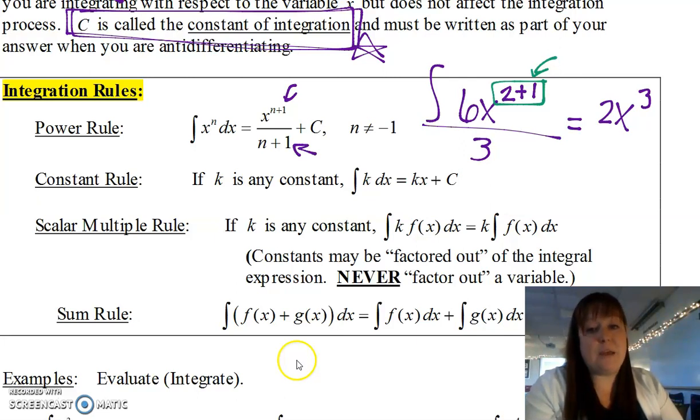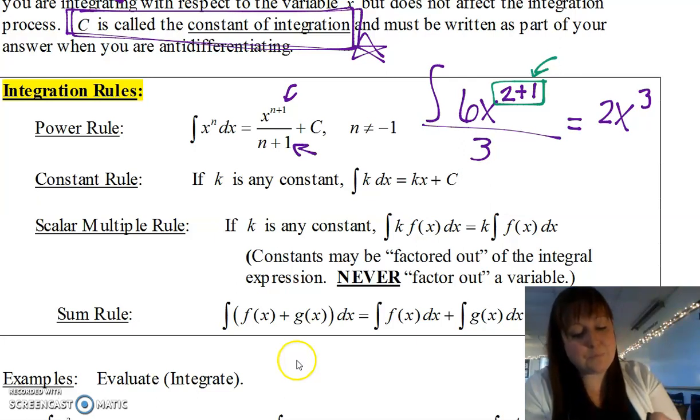The constant rule basically says that the integral of any constant is just that constant times x, which makes sense. Okay, so let's go back, and let's think about the derivative of 3x. I want to find y prime of it.